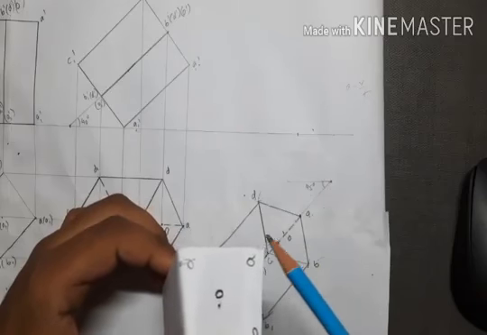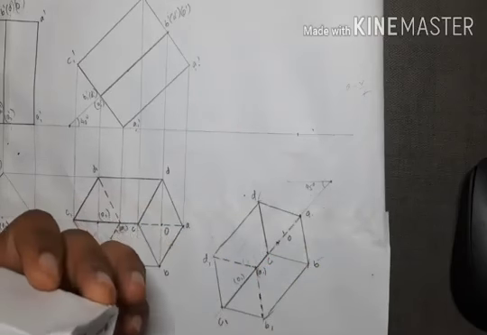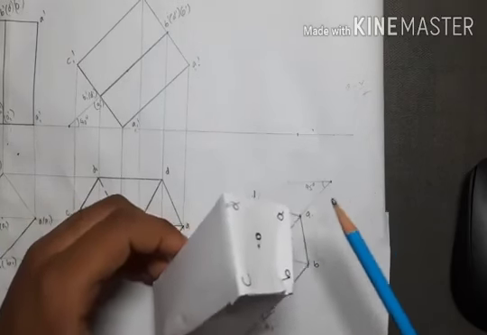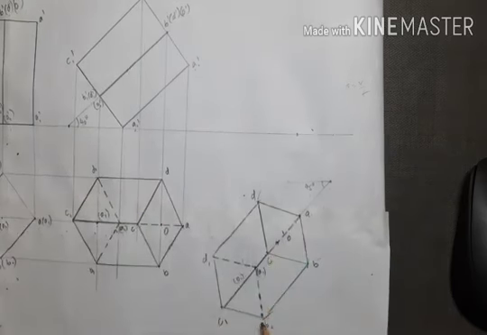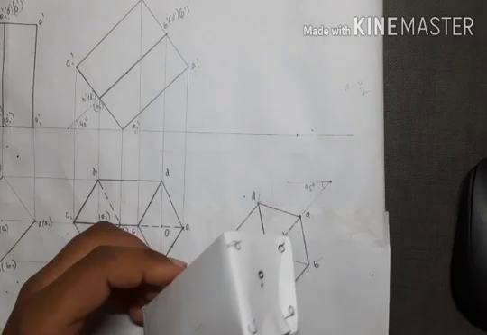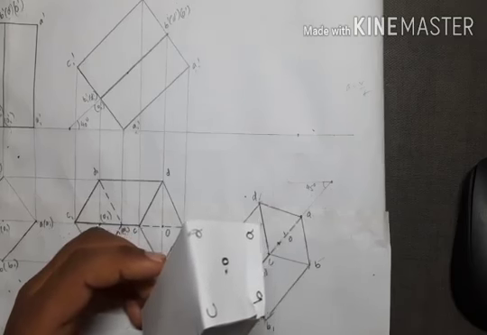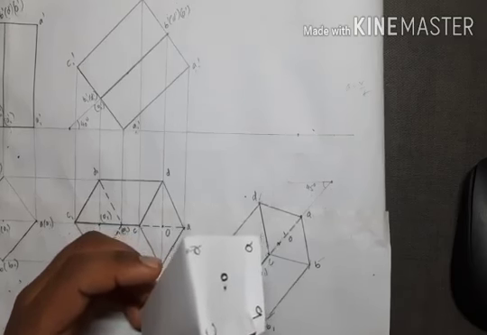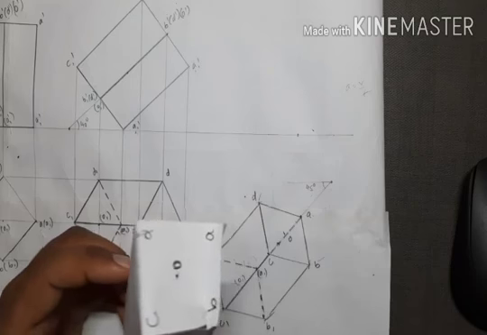And also this edge A to A1 is hidden. That is the reason this line and these two lines are hidden. So again I am stressing, please make this paper model and keep it in the respective position as given in the problem and try to imagine, those who are getting confused.